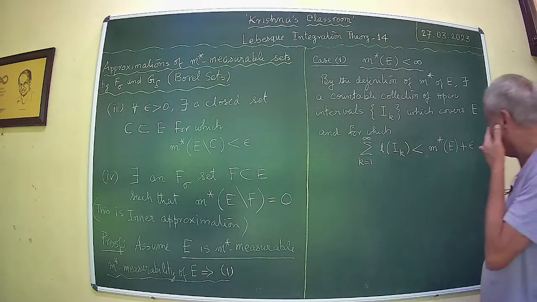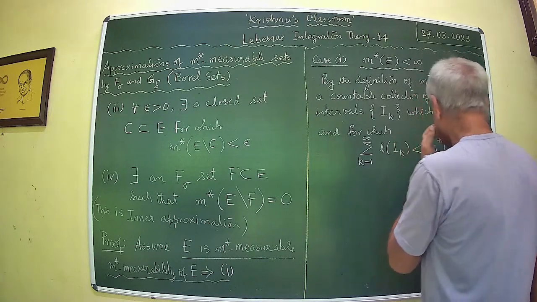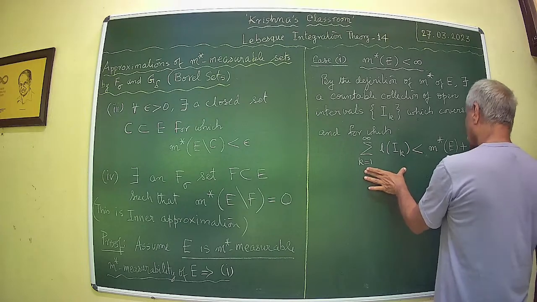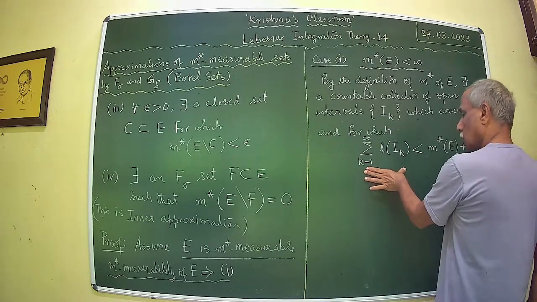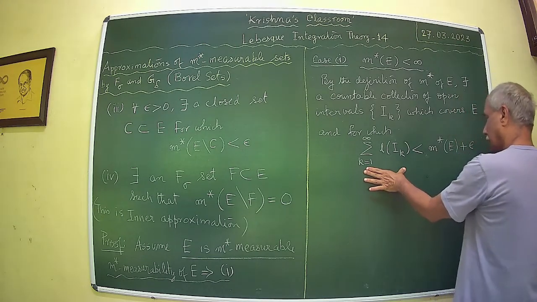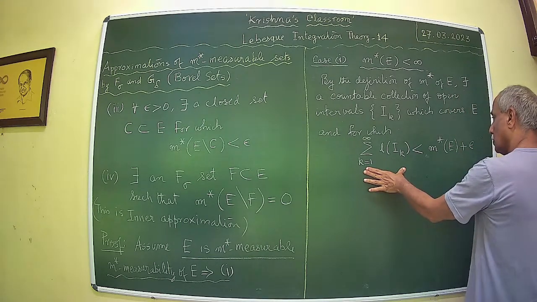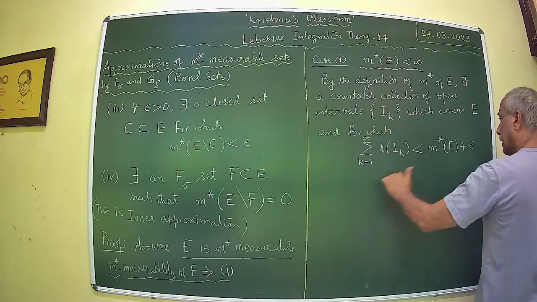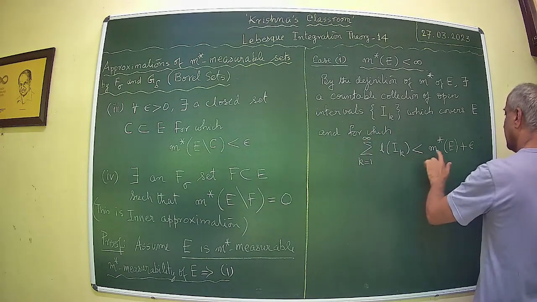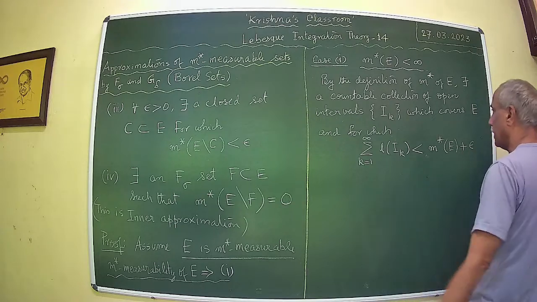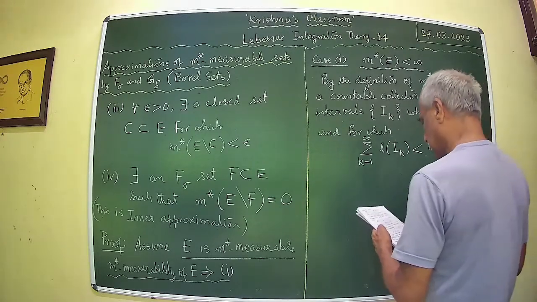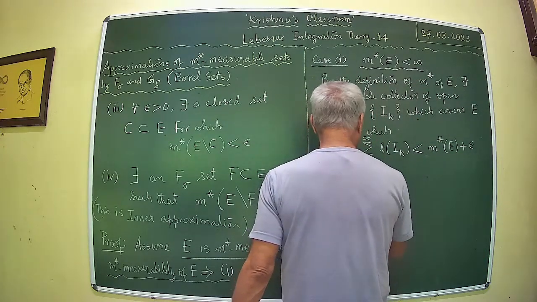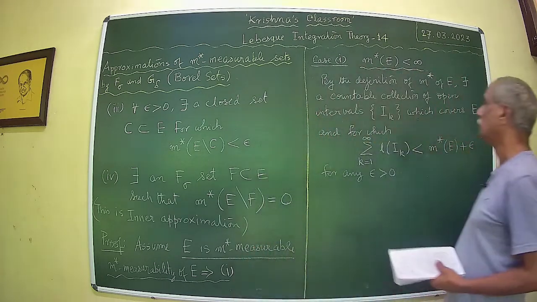Because of the infimum definition, there is a collection of open intervals I_k whose union contains E and such that the total length of these intervals is less than M star of E plus epsilon, for any epsilon positive.